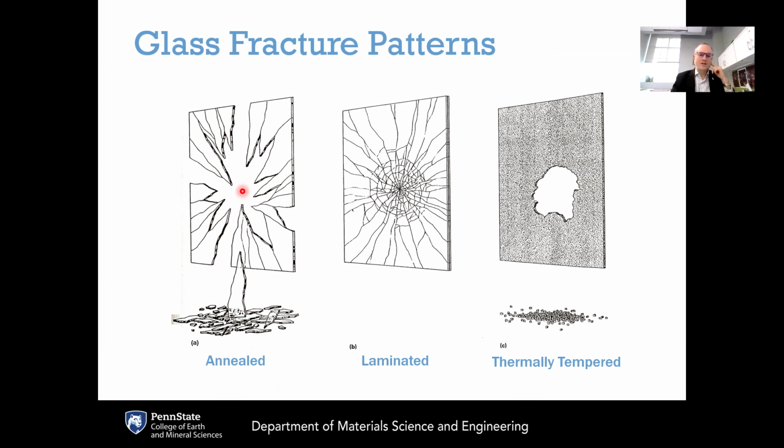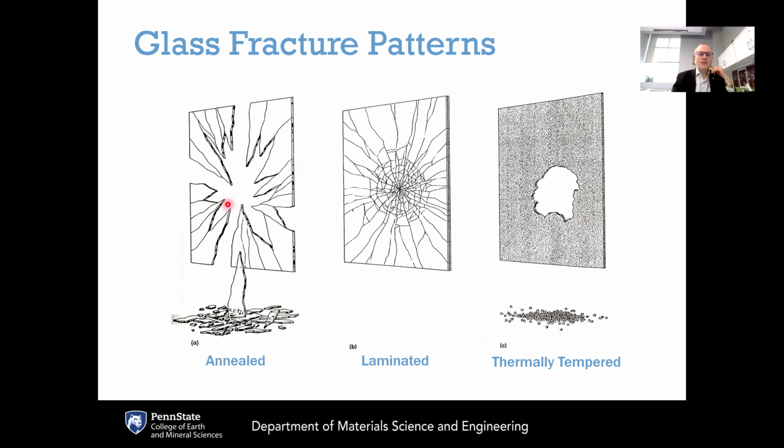And the way that it does that is rather than just having a single crack that goes through this, there are multiple cracks that form all at that same origin of impact from the rock or from the baseball. And as a result, all that excess energy from the rock gets converted into surface energy by forming a large number of cracks that propagate out radially from the origin.